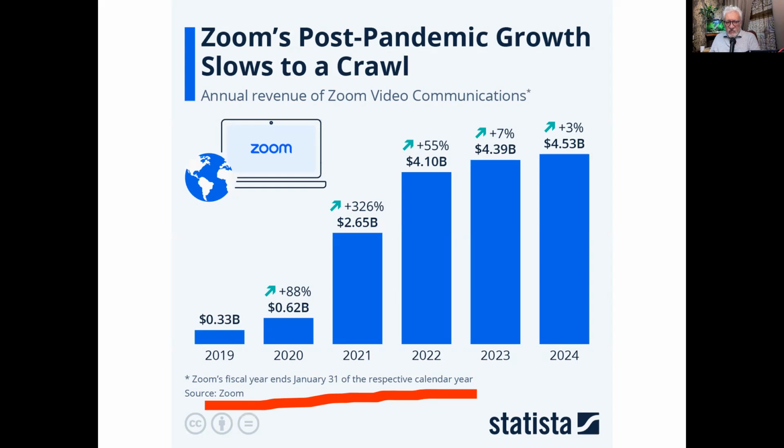When we say 2024, we are in effect saying the 12 months ending on the 31st of January 2024. In much the same way, the 12 months ended 31 January 2021 represent the 1st of February 2020.